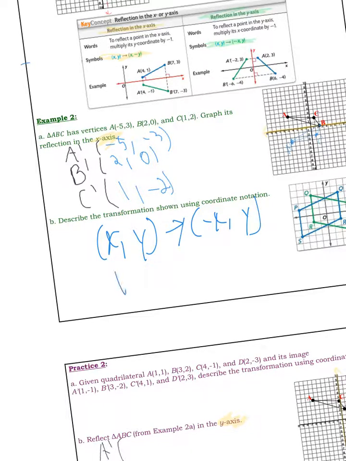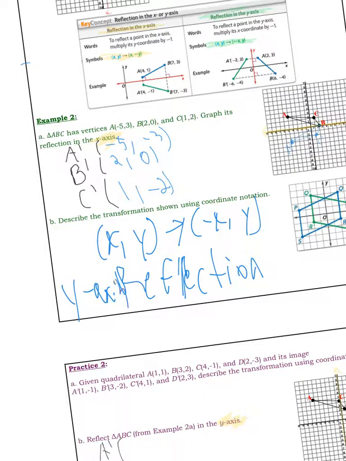Just to say what it means, that's a y-axis reflection. Didn't space it out very well at all, did I?